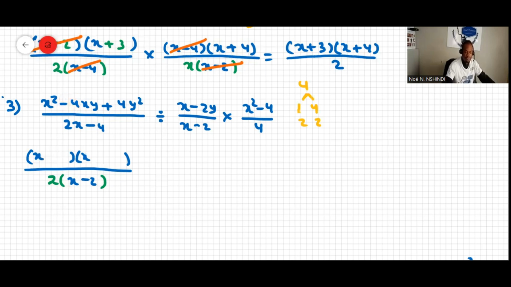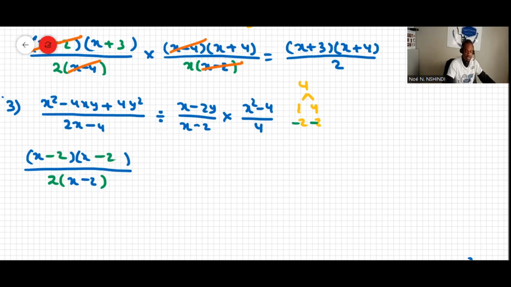You notice that only -2 and -2 can make -4. Regardless of the combination, we cannot get -4 with 1 and 4. But -2 plus -2 makes -4, and -2 times -2 makes +4. Then over here, we can place in -2 and then -2.